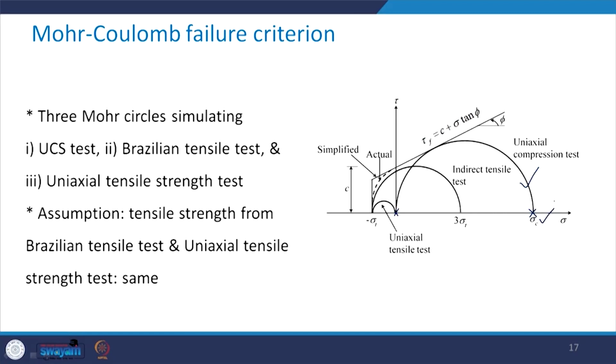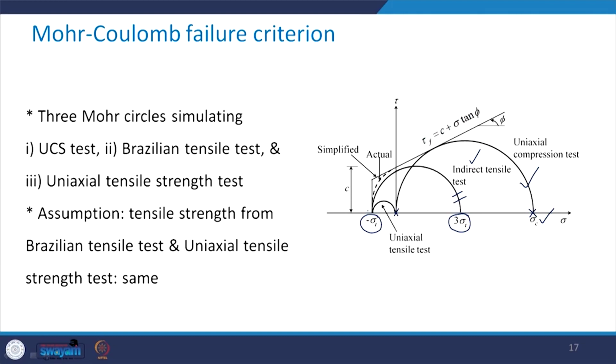The second one is the Brazilian tensile strength test, or the indirect tensile test, which is given by this circle, and we have seen that in that case you have sigma 1 equal to 3 sigma t, and sigma 3 equal to minus sigma t.